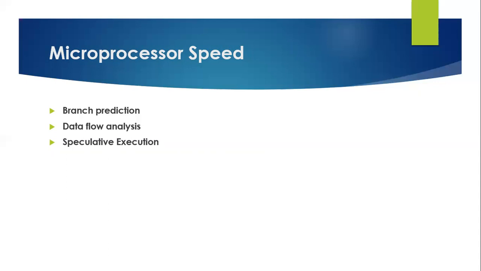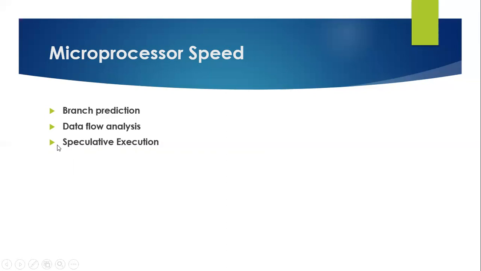The microprocessor will predict which branch will be executed next, and that set of instructions will be previously loaded in your CPU, so that the speed of execution of instructions will be increased.